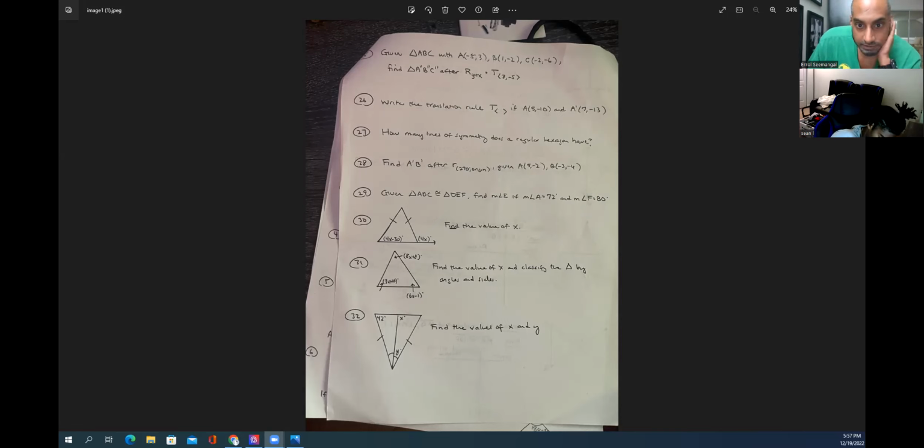Find the value of x. When you add up all three angles, what do you get? 180. So 8x plus 8 plus 3x plus 10 plus 6x minus 1 equals 180. Then see what you get for x.